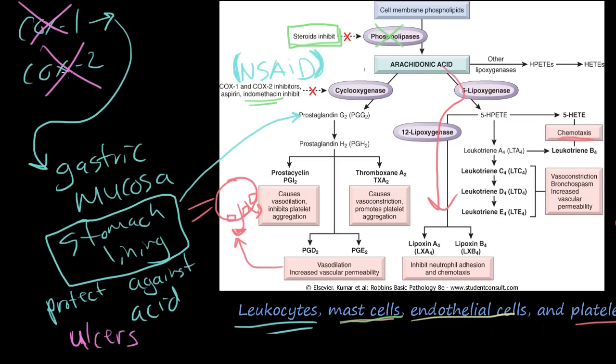The question is, why don't the drug companies just create a COX-2 inhibitor that knocks out only COX-2, which is more in line with being anti-inflammatory? Well, they have, and the problem is that COX-2 inhibitors have bad cardio effects. I'll just put it up here.